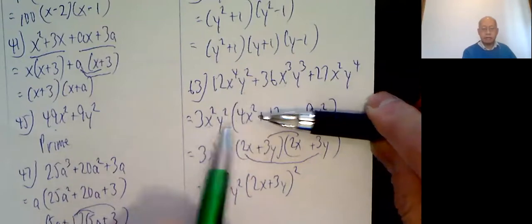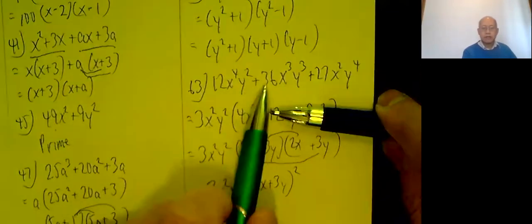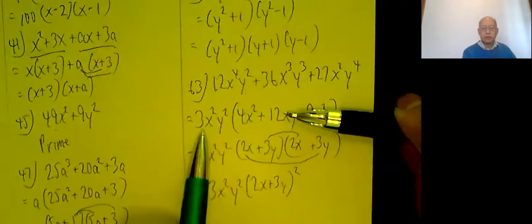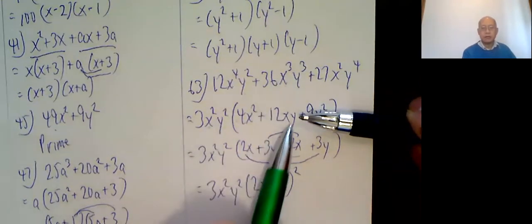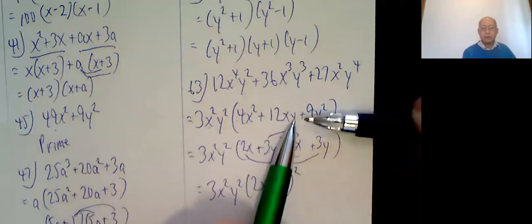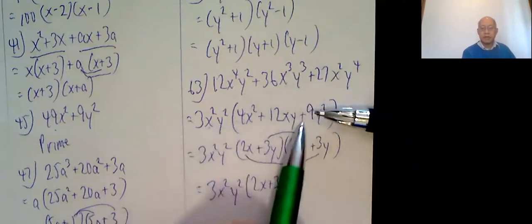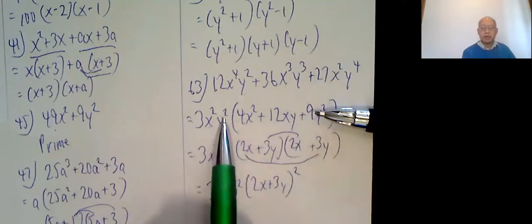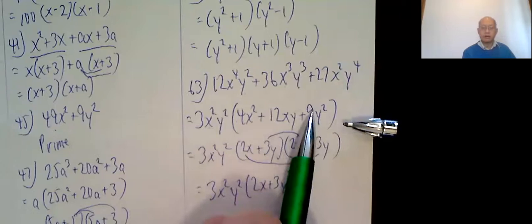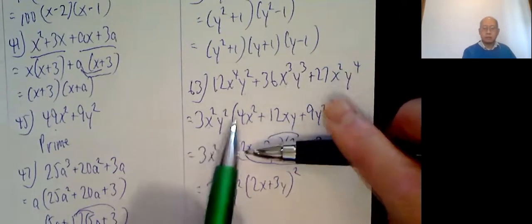Don't need any y. Plus, how do you go from 3 to 36? 12. X squared to x cubed, x. Y squared to y cubed, y. Plus, 3 to 27, 9. X squared, don't need any x's. Y squared to y to the 4th, y squared. Okay, so leave this alone.